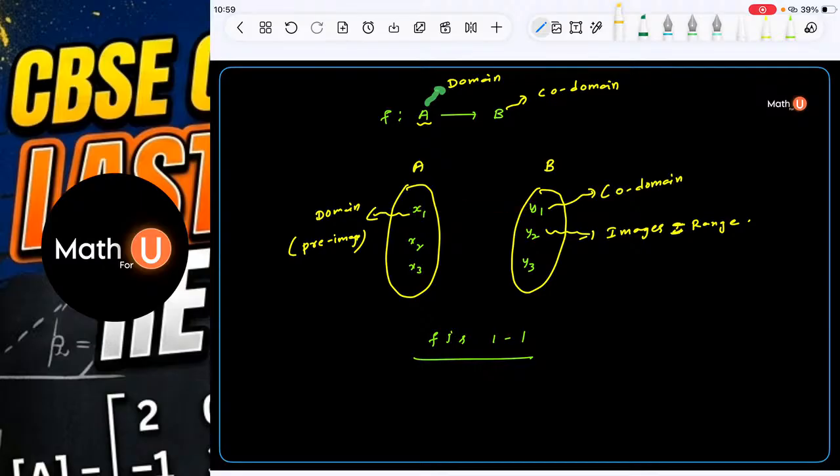That mapping is unique. Each and every distinct element in the domain should be mapped to a single element in the codomain.